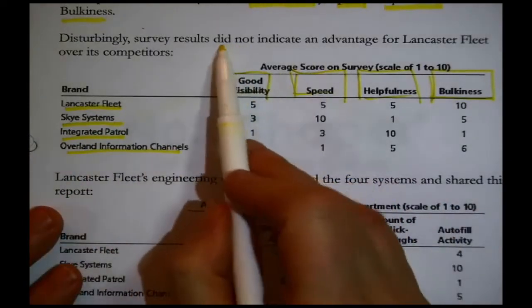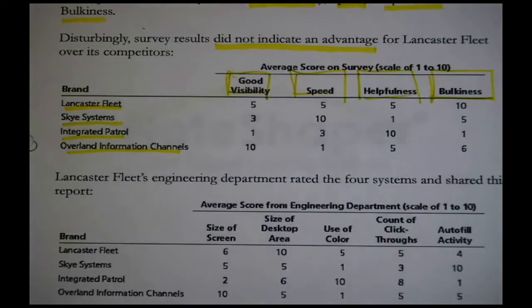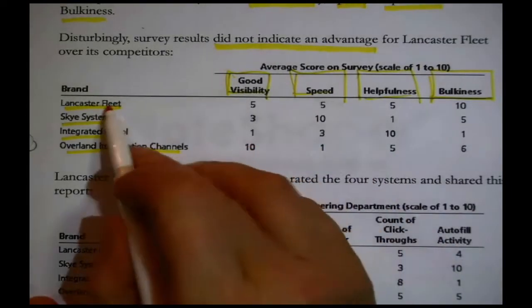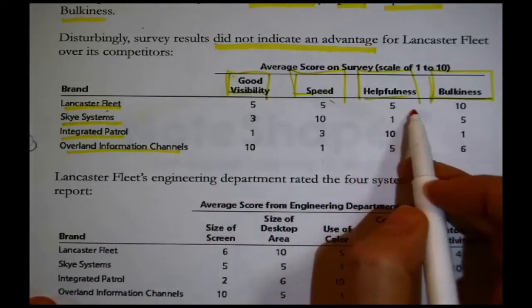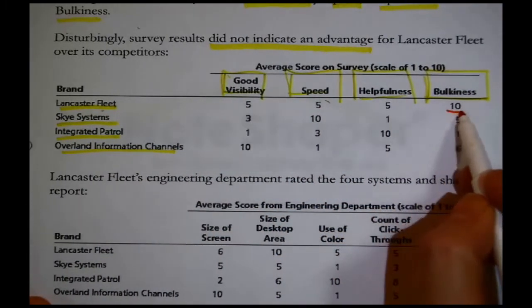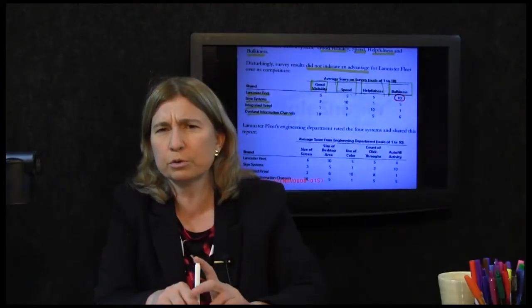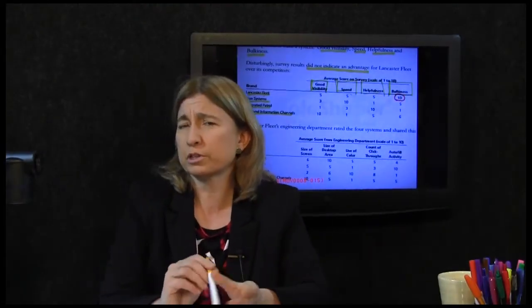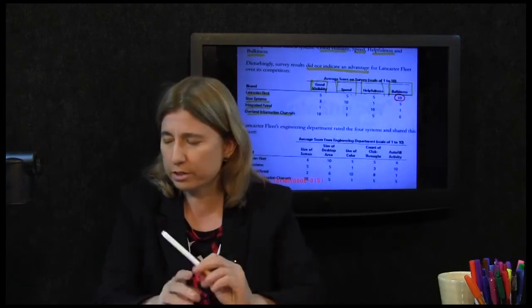Now, that one little phrase that I tripped over, did not indicate an advantage. What's being discussed is their information system, and you notice that they're not getting super high scores except for bulkiness, which doesn't sound like a good thing in a computer system that's installed inside of a vehicle. Nonetheless, we're still reading the scenario.